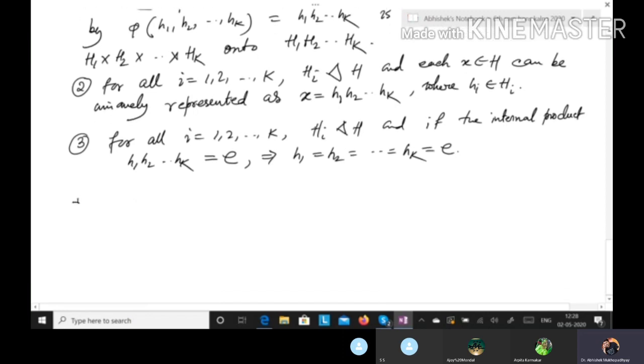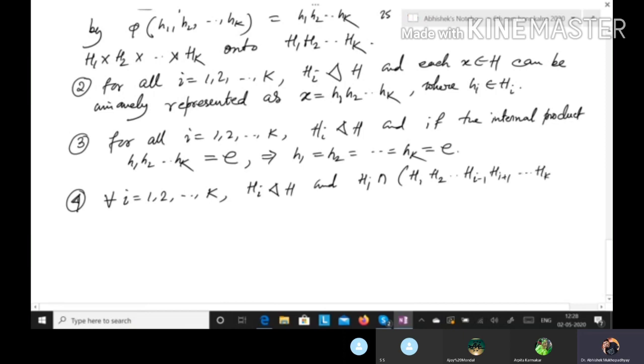And the fourth one is that for all i equals 1 to k, Hi is normal in H, and Hi intersection the internal product of H1, H2, Hi minus 1, Hi plus 1, up to Hk.